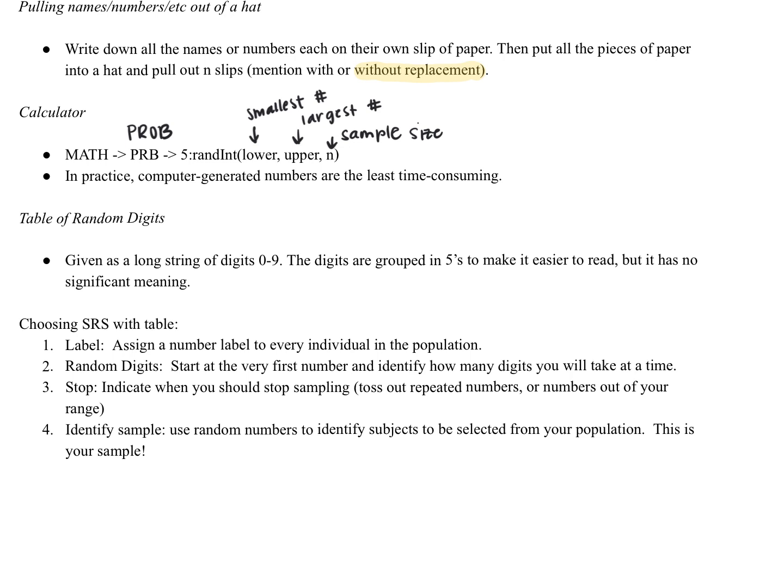And then you would ignore any numbers that are not in your range and anything that is repeated. Because again, we are doing this without replacement. And then lastly, once you know what numbers you're using, you go back and figure out who they correspond to, and that's your sample.